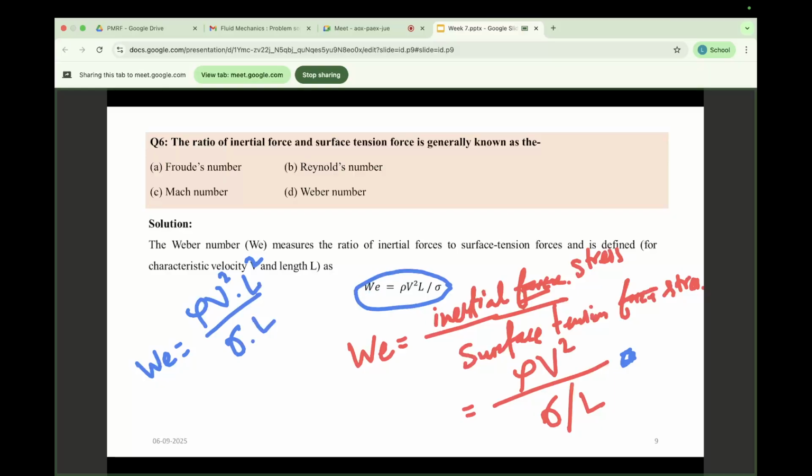Sigma is the surface tension, which is force per unit length. So if you multiply it by length, you will get the surface tension force. So that's why this thing is coming.